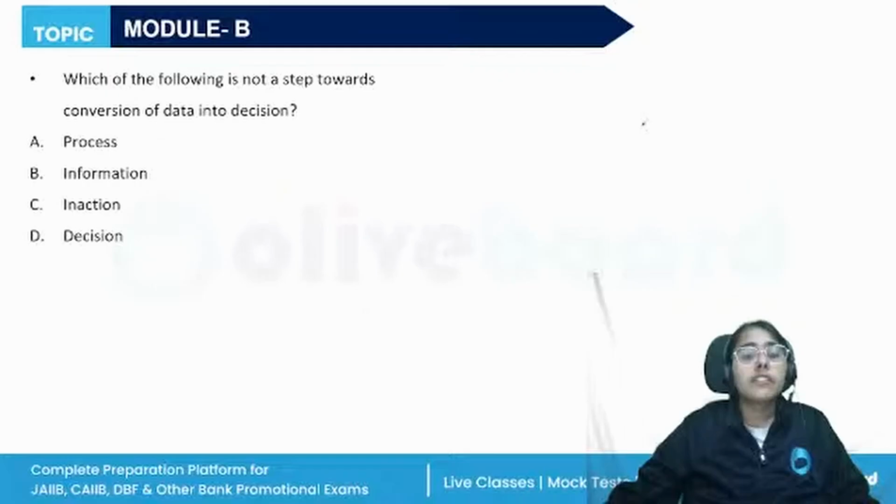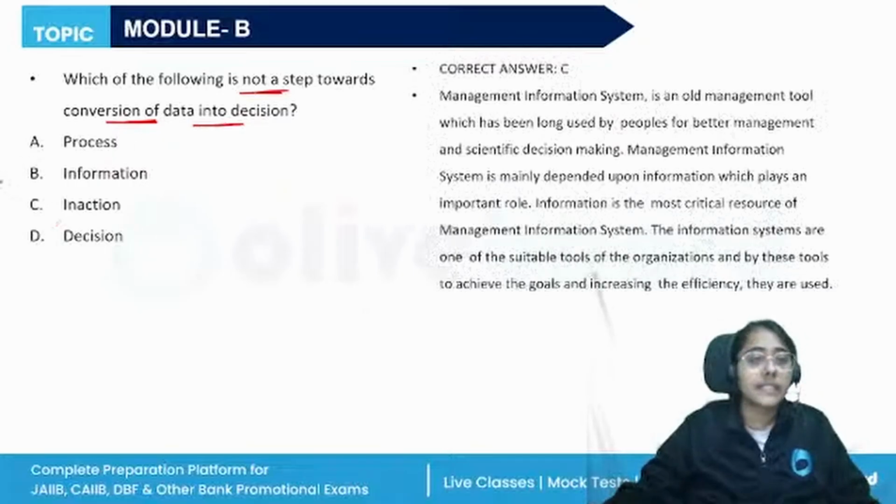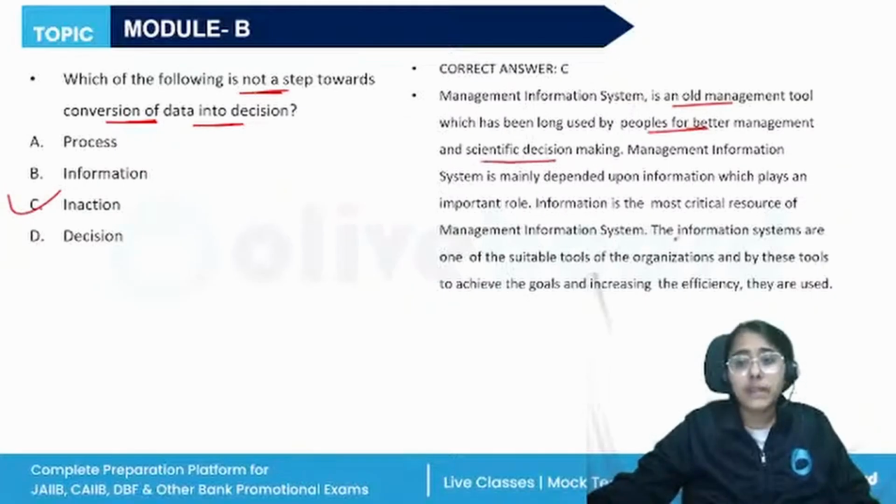Next, which of the following is not a step towards the conversion of data into decisions? So, here we are talking about the management information system. Which of the following is not a step in the MIS? Process, information, inaction, or decision. So, the correct answer is option C. The MIS is an old management tool for better management and scientific decision making.